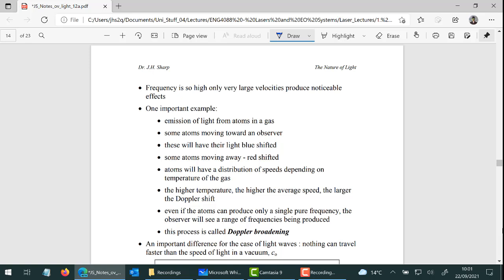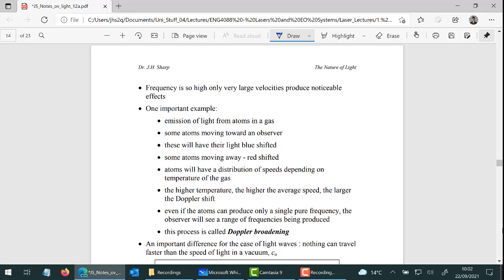In the lab we can look at what frequency we expect the light from hydrogen atoms to have, and then we can look at the light coming from the stars, and it doesn't matter which direction we look in, what we see is that the light is all red shifted. It looks as if every single star is moving away from us.